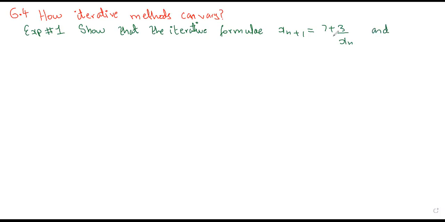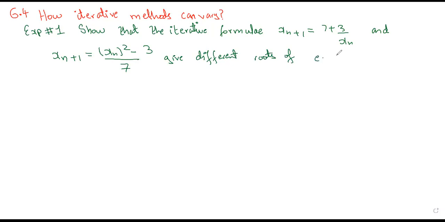So this is what they had given already in the previous part, and this is what we did. Give different roots of the equation to one decimal place when x naught is 0. Okay, so this is our question, right?